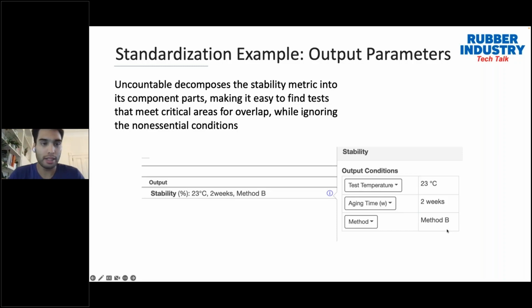And the true benefit here comes not only from the structure that I'm showing, but from searchability. I can search for all my stability results at 23 degrees C, but also in the analysis of your data. Because you are collecting it in a structured, very clean manner, you're able to learn and dissect the data.